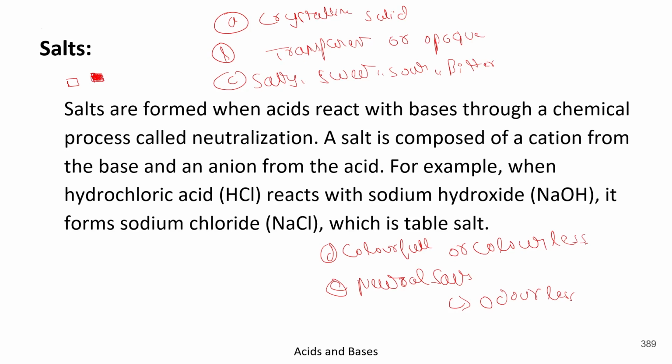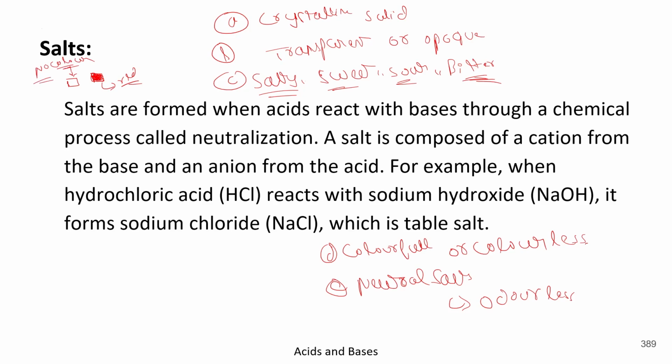Third, salts may be salty, sweet, sour, or bitter. Out of these four tastes, a salt may have any one taste. Fourth, they may be colorful or colorless. For example, this one is red in color, but this one has no color.